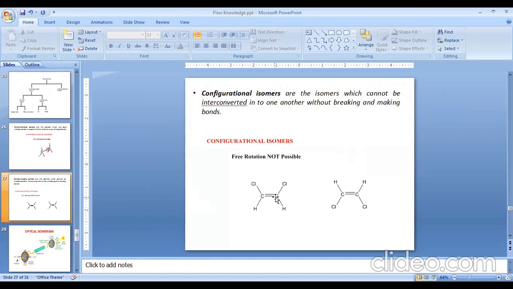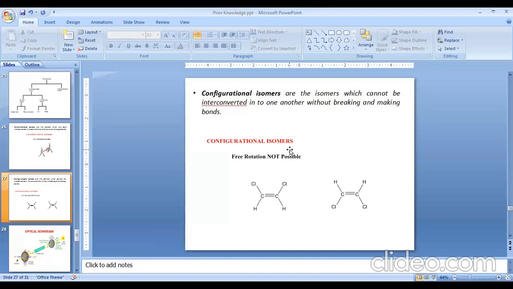So these carbons cannot freely rotate like in conformational isomers. Such types of isomers are called configurational isomers, where they cannot be interconverted into one another without breaking or making of bonds.